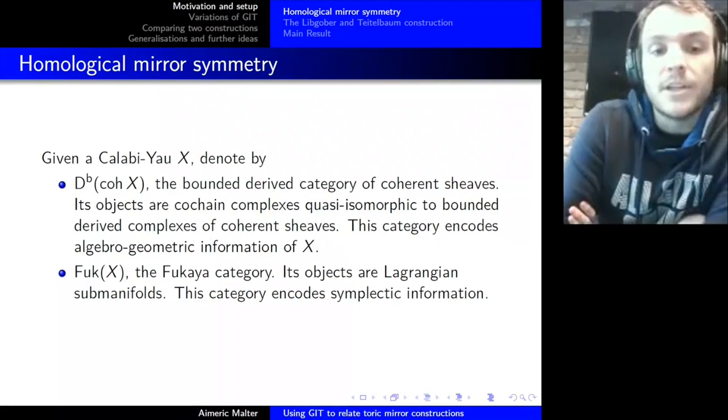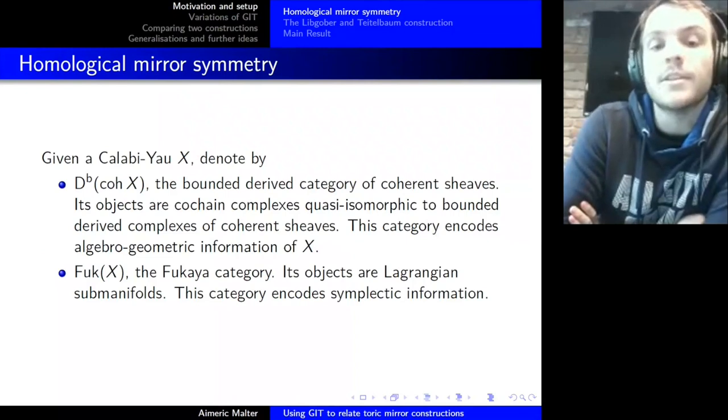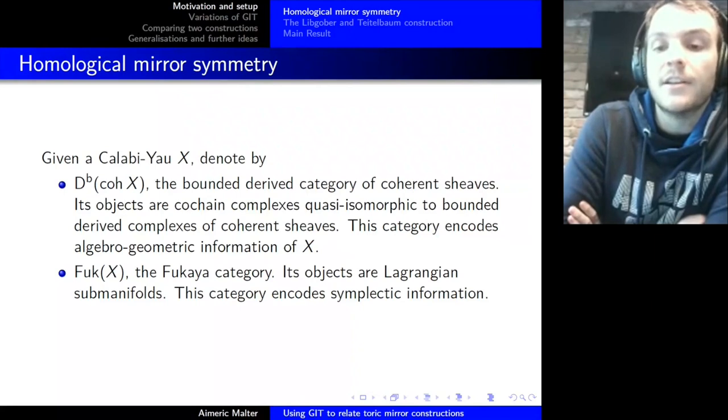And there we categorify these two structures by two things. On the B side, we use the bounded derived category of coherent sheaves. The objects are cochain complexes, which are quasi-isomorphic to bounded complexes of coherent sheaves. That's the algebraic geometry side of it. The other side, the Fukaya category, I know less about.